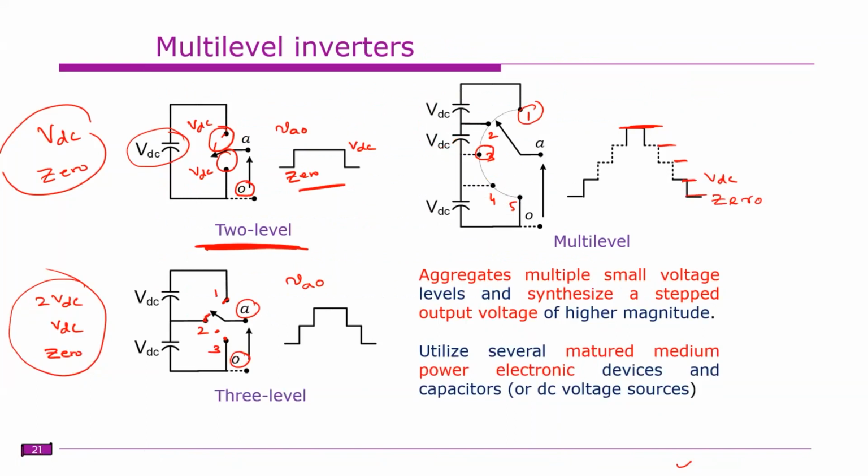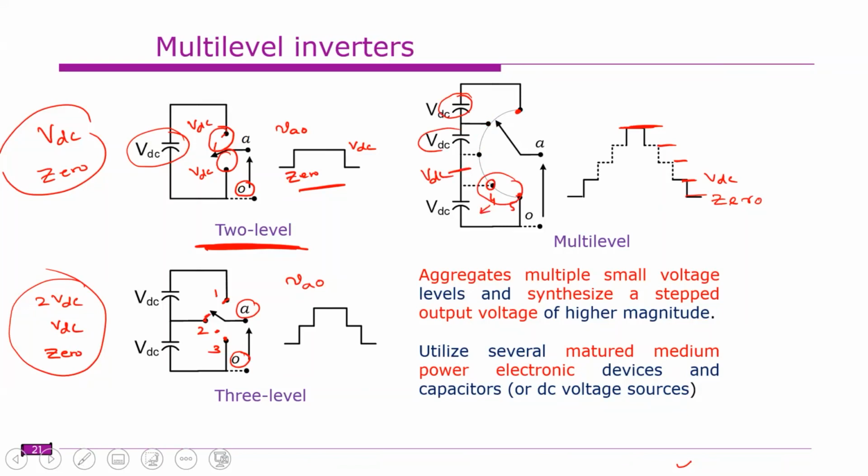Clear? And a switch is connected between this point and this point. So that's supposed to block this voltage. If a switch is connected between this and this, it's supposed to block this VDC. And for 4 and 5, if a switch is connected, it's supposed to block this VDC.